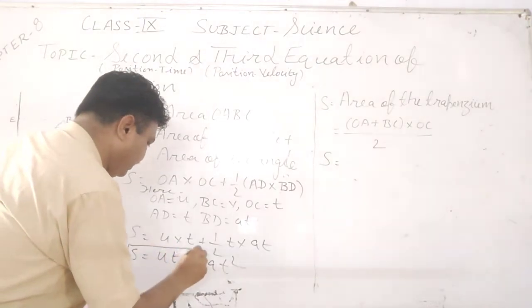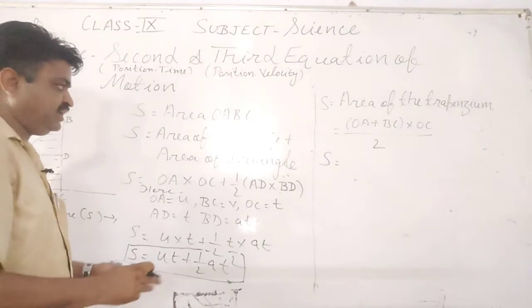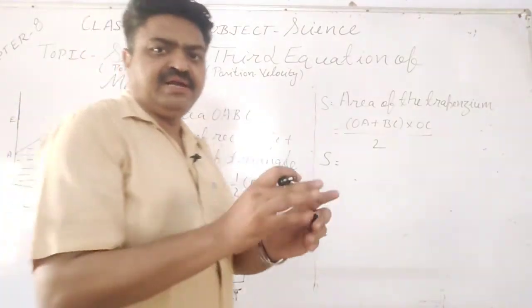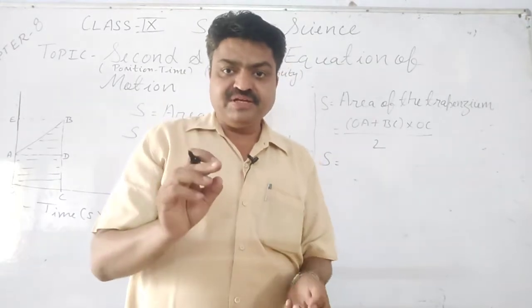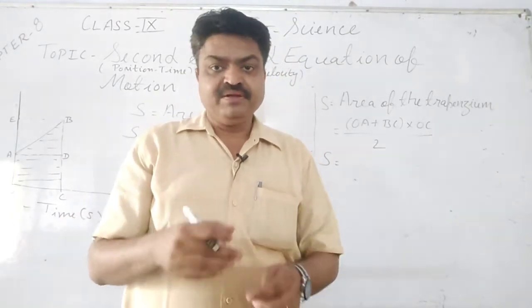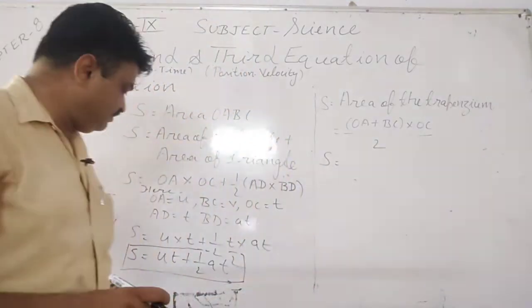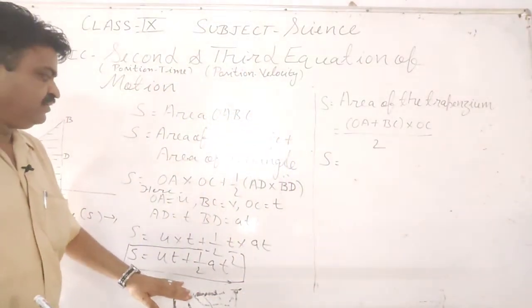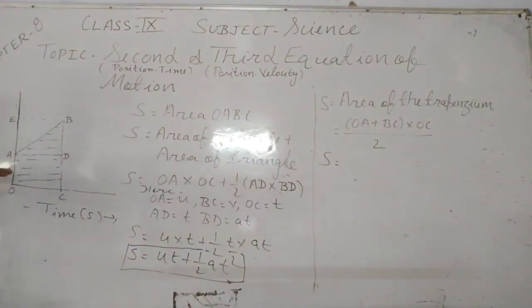So in this way we get the second equation of motion, the position time relation, and the basis of this is the area of trapezium, by using the graphical representation.